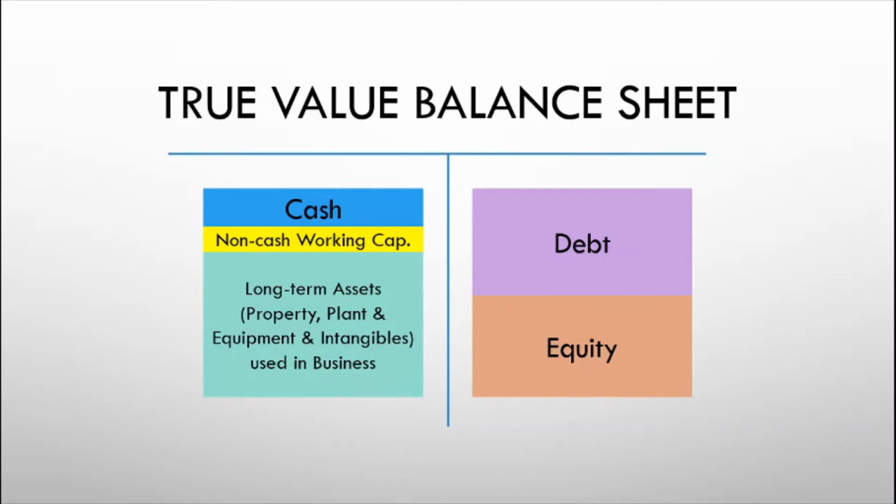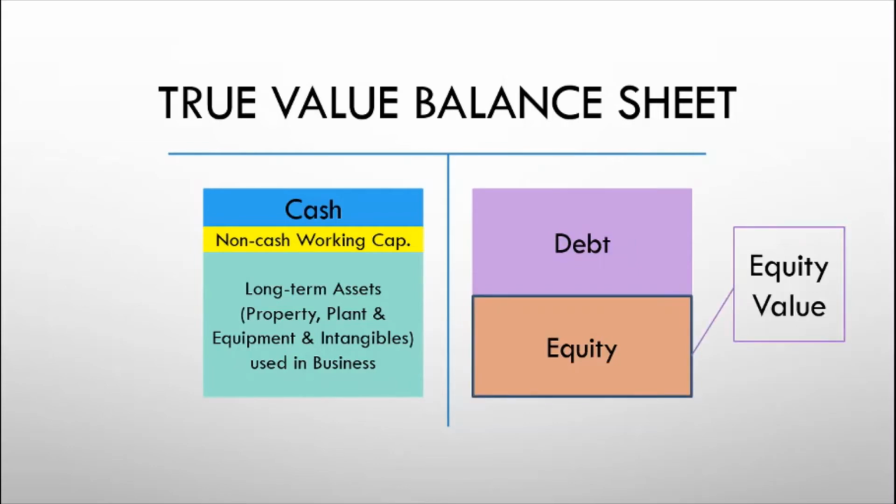The first thing that I would like to talk about is the equity value. We all know what the equity value is. Equity value is the value attributable to the owners of the company. I'm talking about the common stockholders.